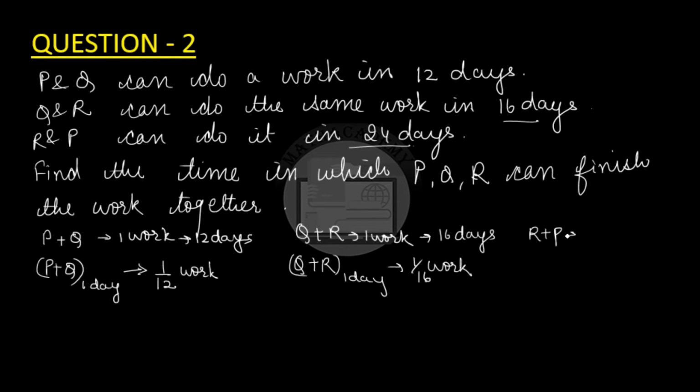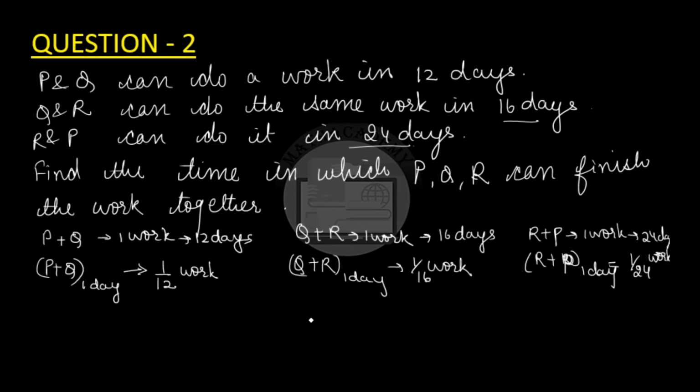So R plus P can finish one work in 24 days. So the unit work done in a unit time by R and P together will be the reciprocal of 24, which is 1 by 24 of the work.